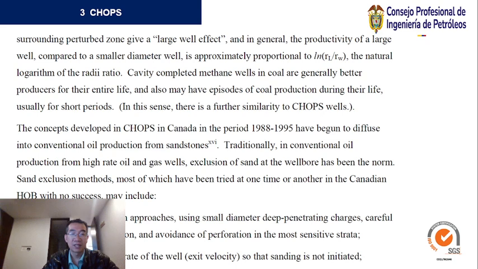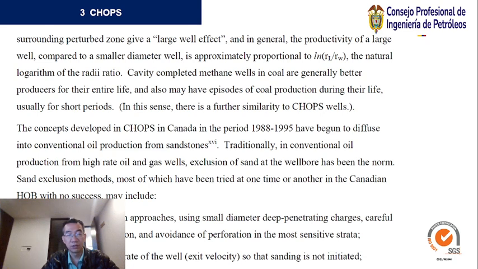Sand exclusion methods, most of which have been tried at one time or another in the Canadian HOB, with no success, may include selective perforation, an approach using small diameter, deep penetrating charges, careful perforation orientation, and avoidance of perforation in the most sensitive strata.